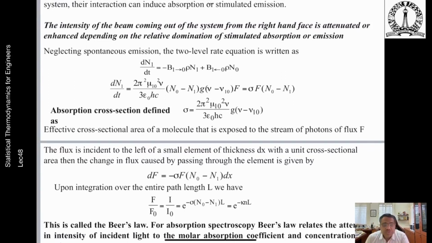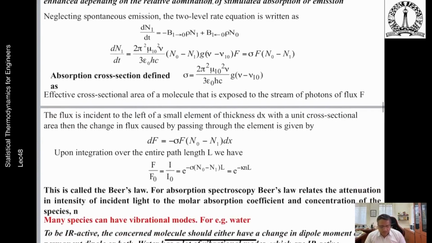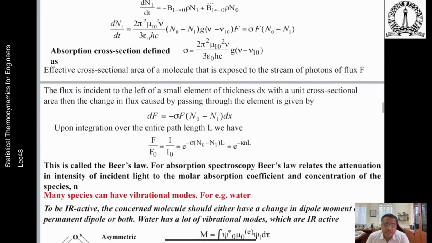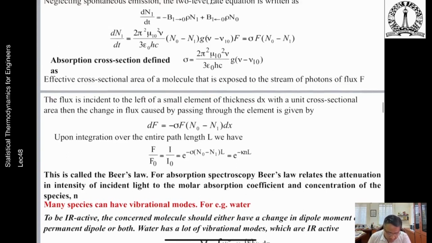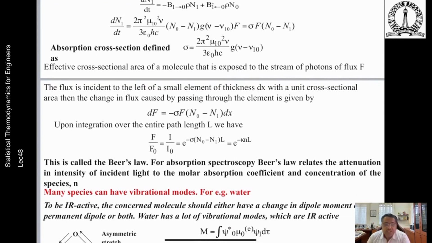And we also saw the flux absorption as it passes through. So this expression that you see over here is basically Beer's law.